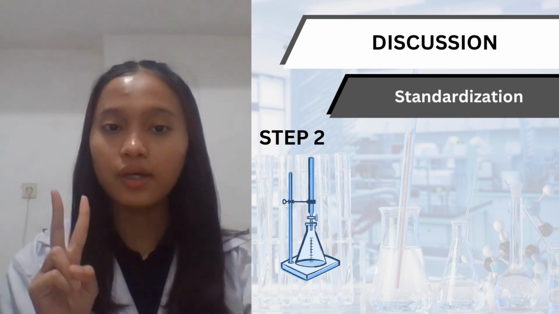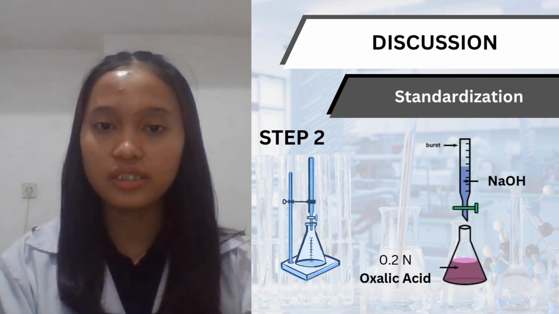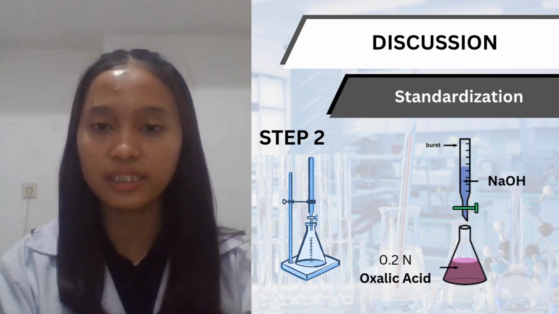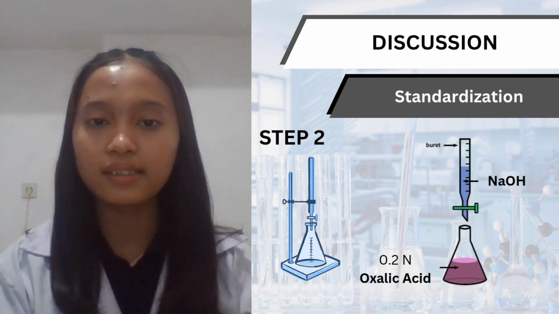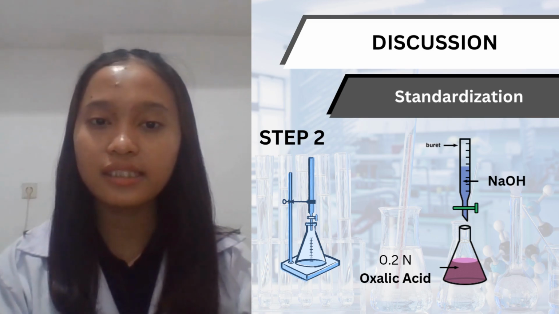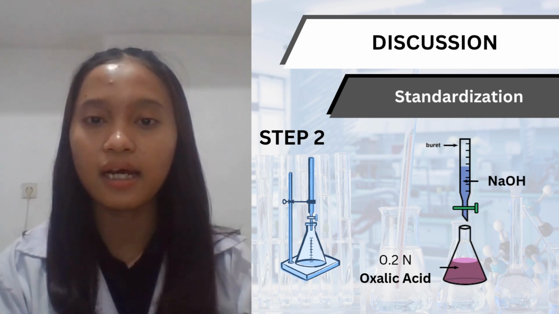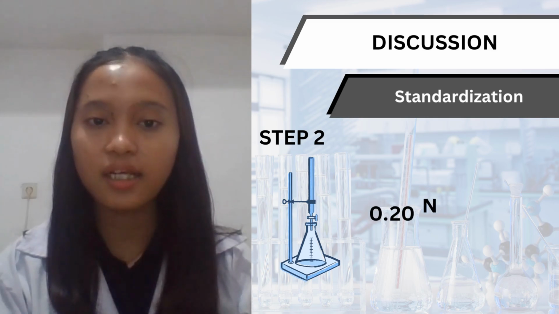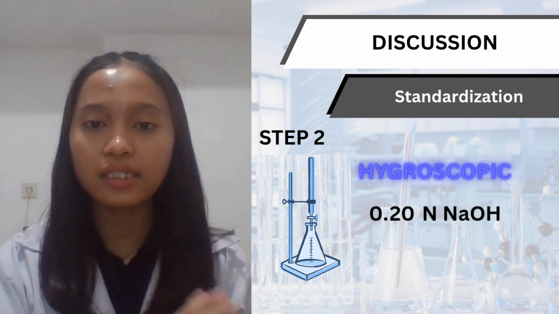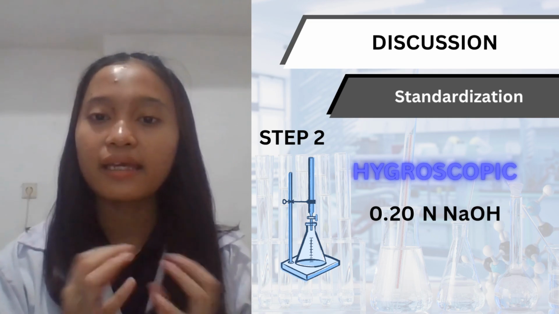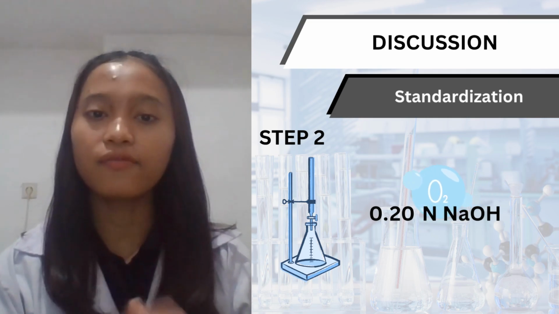And then 2. Titrate the oxalic acid solution with the NaOH solution and record the volume of NaOH used during the titration. Titration is performed to determine the exact concentration of the NaOH solution since NaOH is hygroscopic and can absorb moisture from the air.